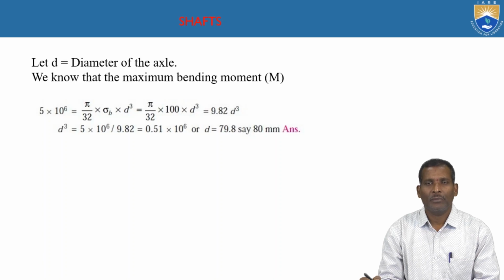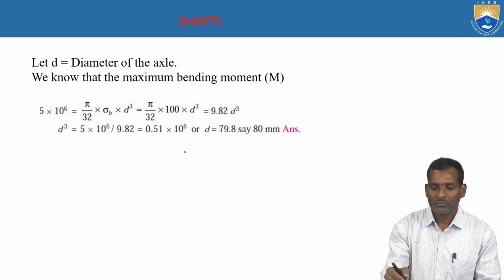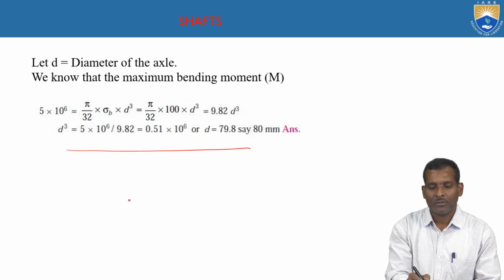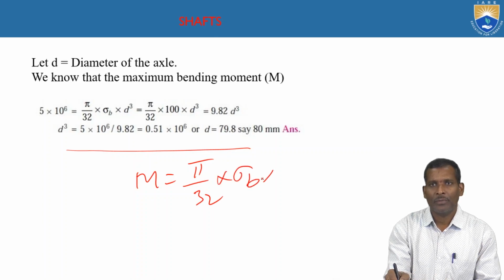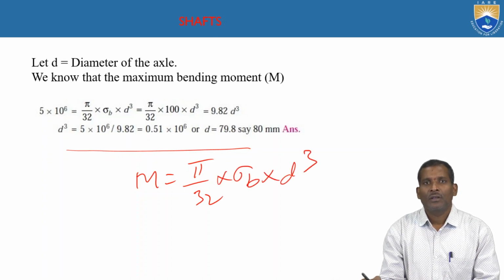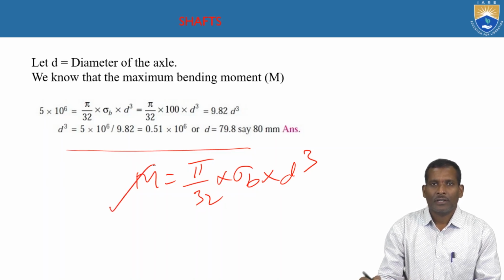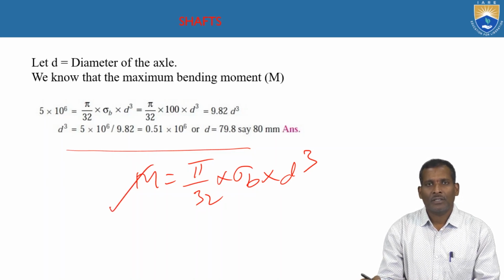So let D be the diameter of the axle. We know the maximum bending moment equation, so substitute this bending moment in this empirical relation: M is equal to π by 32 σ_b D³. The maximum bending moment is calculated from the given problem, σ_b is already given in the problem as 100 megapascal, and D is unknown.